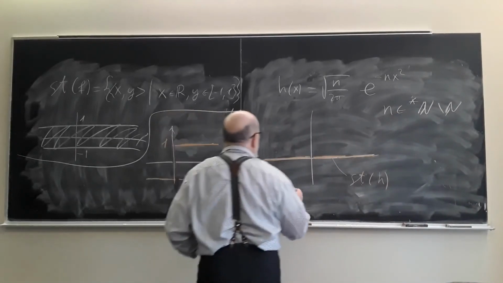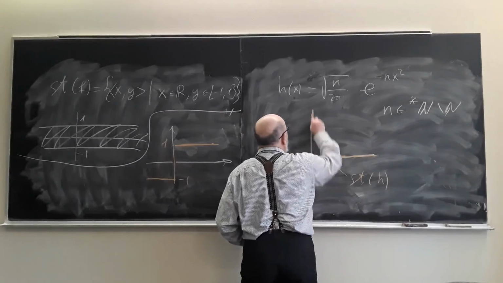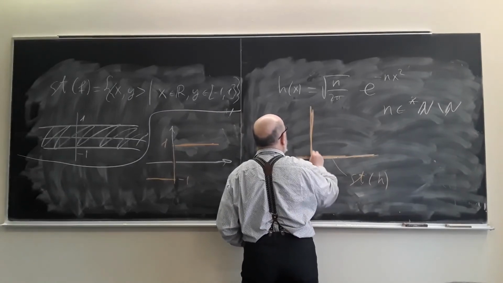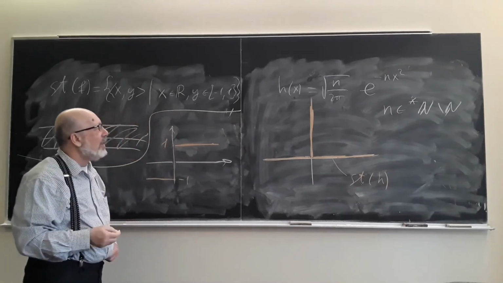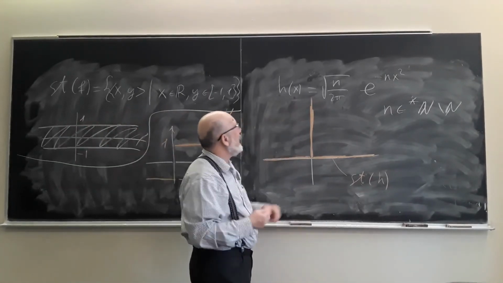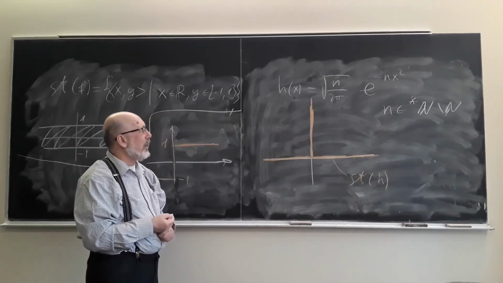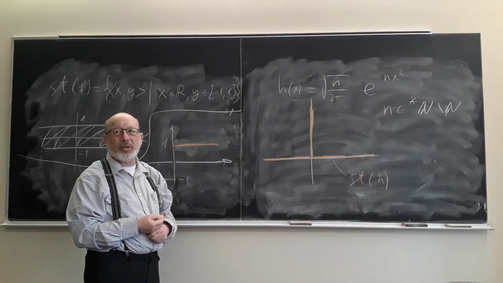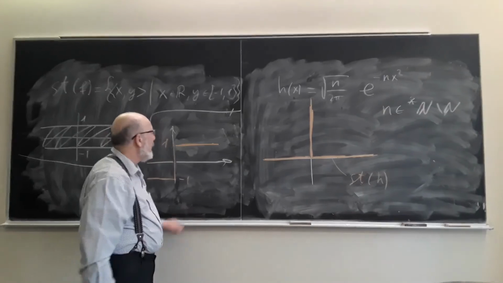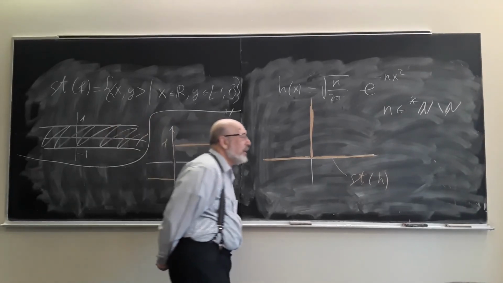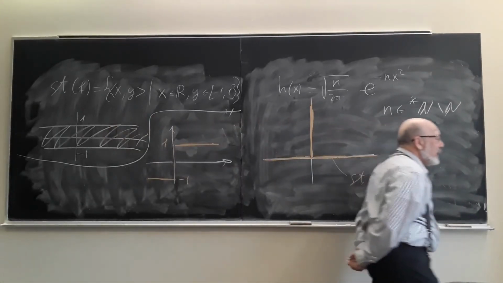And this means that in this case you have this picture: all this vertical semi-line is the standard part of this function h. Again, we have the loss of uniqueness of the function value.